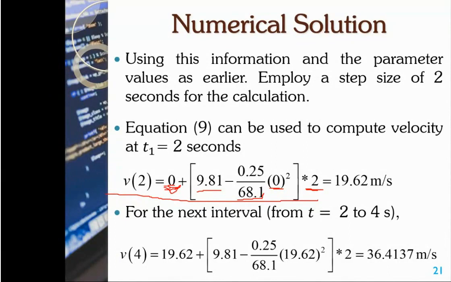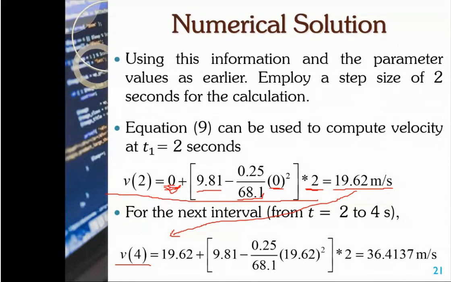So in doing so, this becomes velocity at time 4 seconds, which will be equal to the immediate past value, or should I say the current value of velocity, which we just estimated when the time was equal to 2 seconds. And remember, this time we are no more going to use 0, because 0 is like the past velocity.